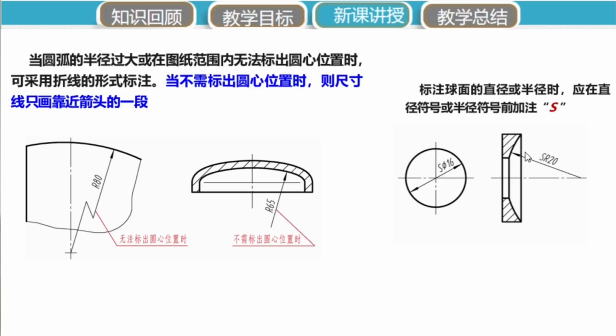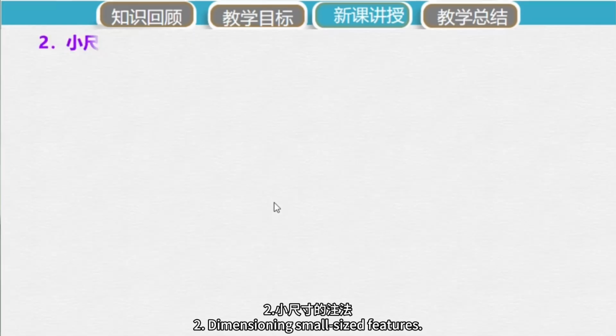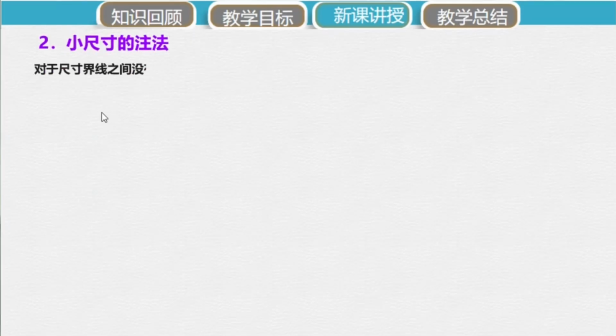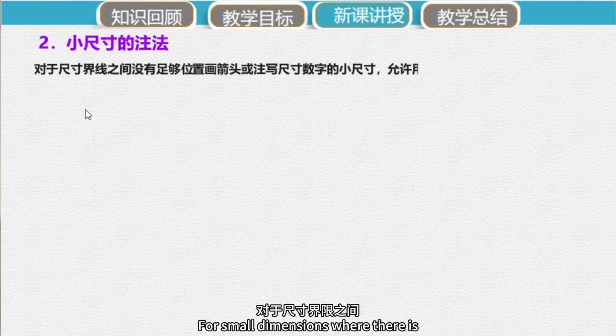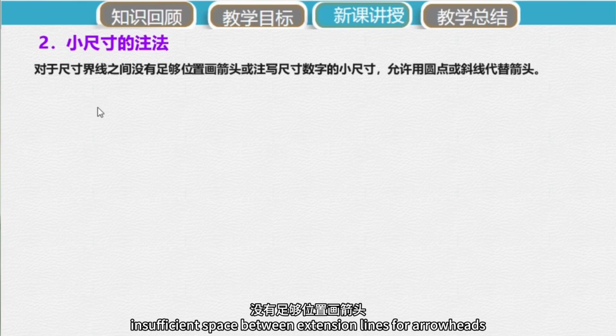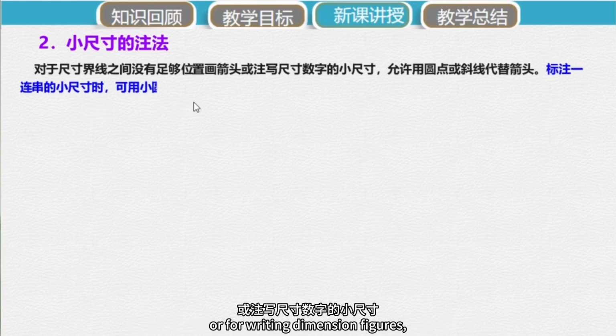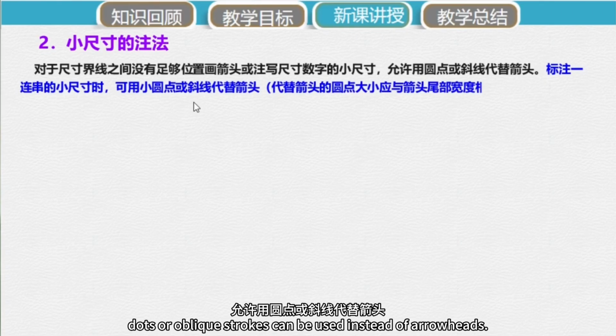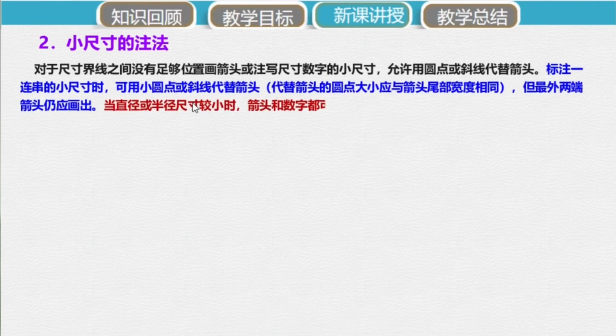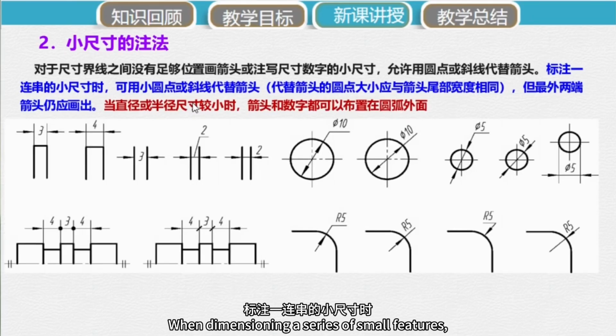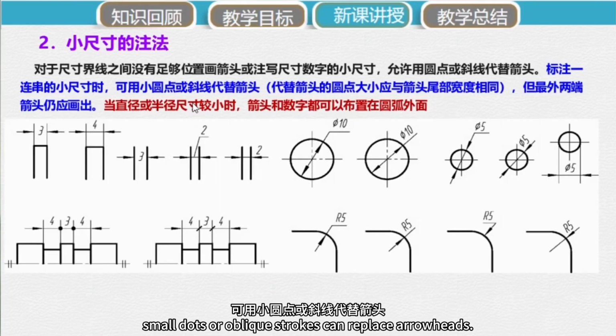2. Dimensioning small-sized features. For small dimensions where there is insufficient space between extension lines for arrowheads or for writing dimension figures, dots or oblique strokes can be used instead of arrowheads. When dimensioning a series of small features, small dots or oblique strokes can replace arrowheads.